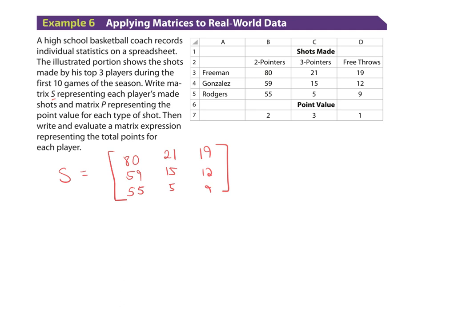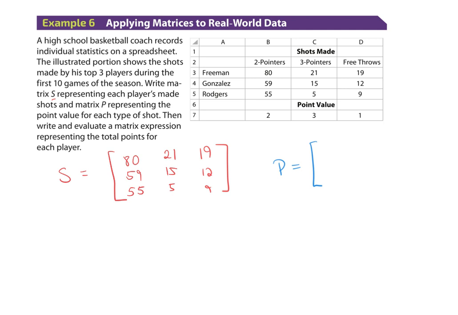It actually wants me to use this to figure out how many points each player scored. So when I set up my point matrix, I'm going to do it down. How these went across, I'm going to do a column that represents how much each shot would be worth: 2-pointer, 3-pointer, free throw.